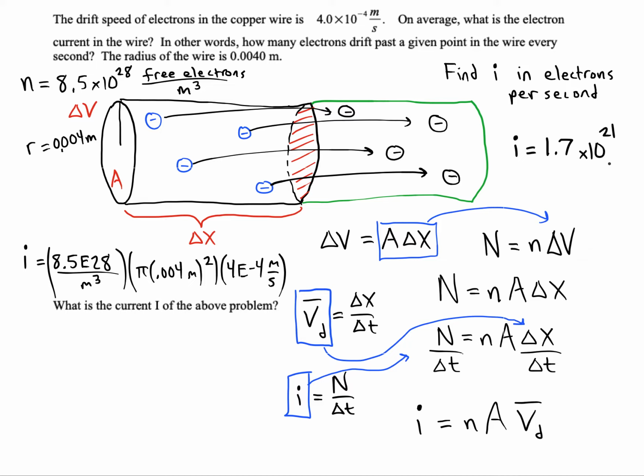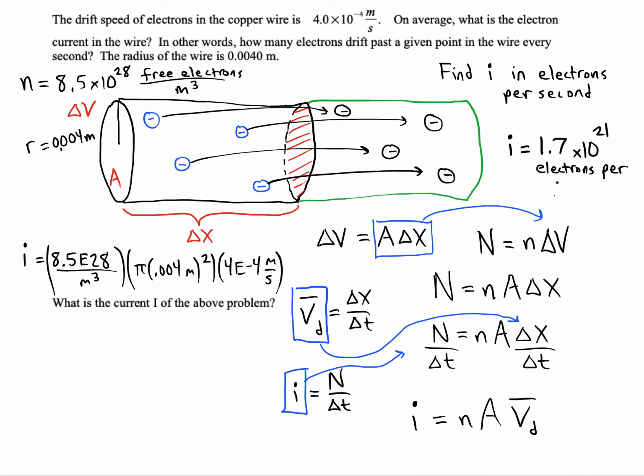And the units of this would be electrons per second. And that'll be our answer. This is the number of free electrons that are drifting through that red circular boundary every second.